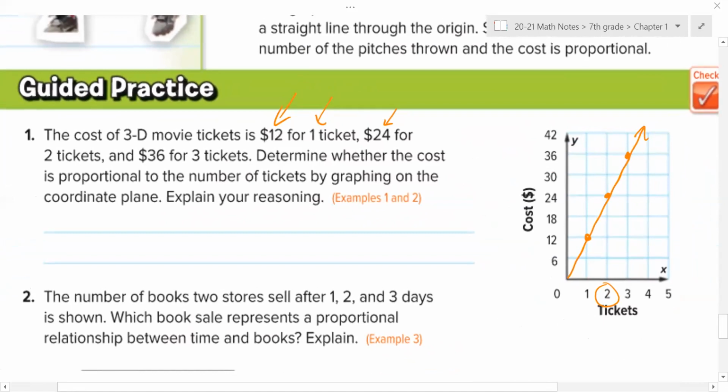And I'm going to verify that 1 ticket costing $12, is that equal to 2 for $24, for example? Is that equal to 3 for $36? And yes, it is, because those all will simplify to 1/12. The cost is proportional.